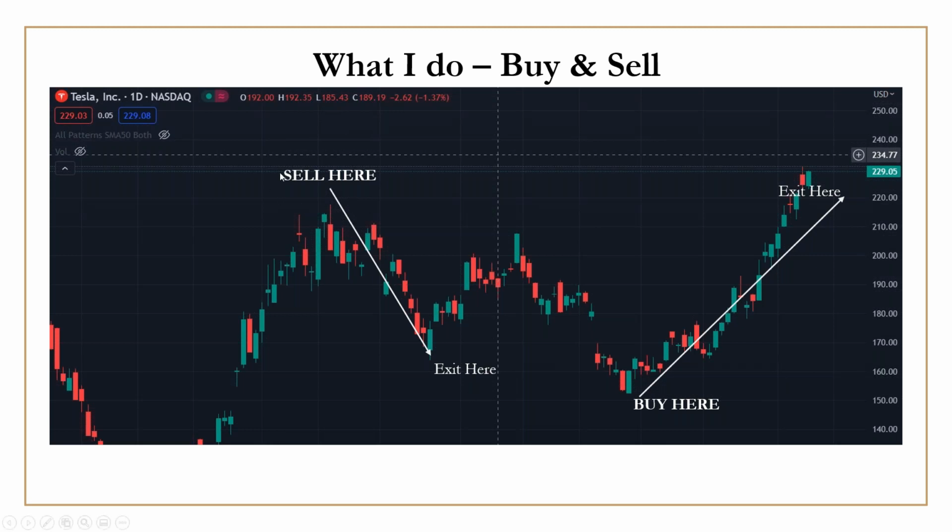If I identify a selling opportunity at a high price, I want the price to go down and then I want to exit. And that difference between where I entered for the sell and where I exited, that same order, that is where your profit lies. It's right there in the middle.